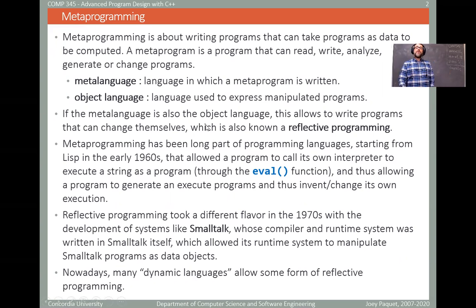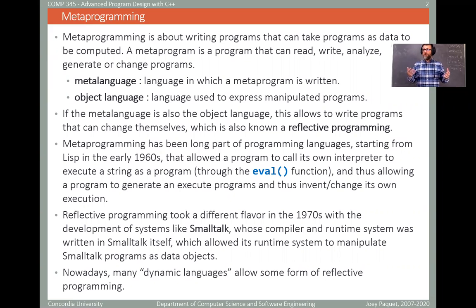In other, more restricted cases, for example with Java reflection, it's basically some kind of library added to the Java language that enables a Java class or object to reflect upon itself.